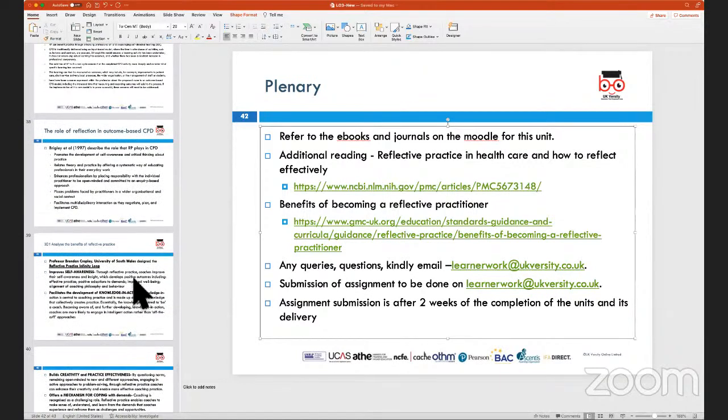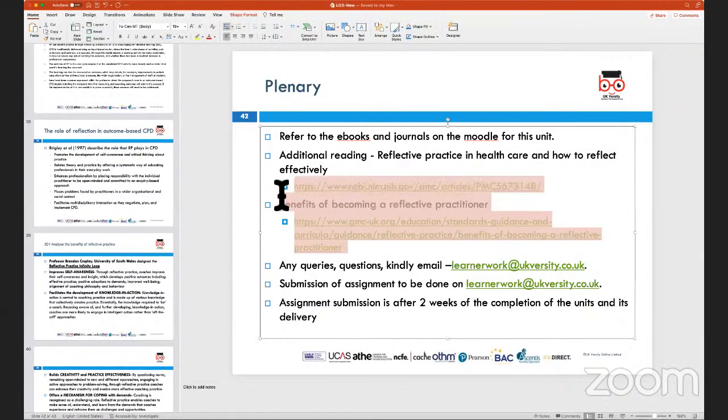So this has allowed us to cover the topic of today's discussion, which is looking at how reflective practice essentially supports our personal and professional development. There are some additional reading articles which are also going to be available on Moodle, primarily on reflective practice.